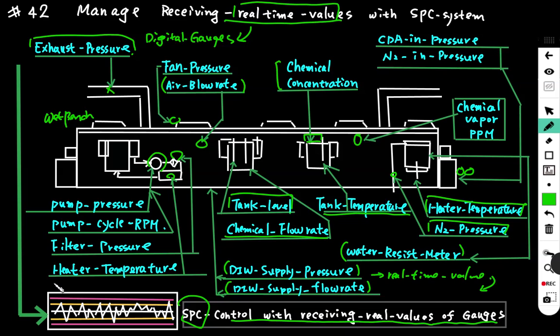So the engineer can monitor and receive and control all the digital gauge value real-time data all the time, every second, and check out the workbench with this SPC data log to control and monitor your workbench with this real-time value every second.